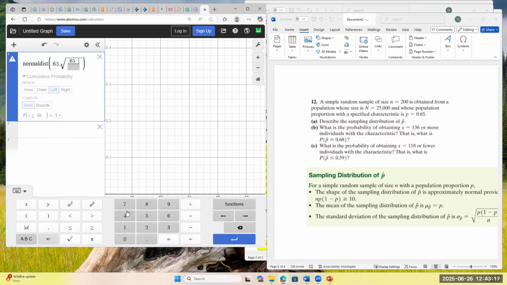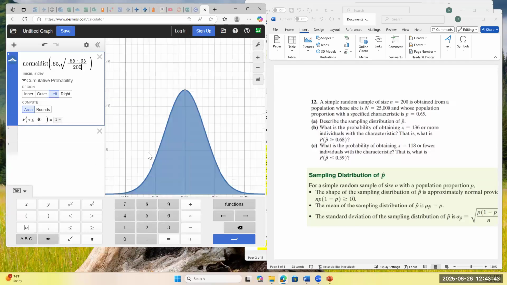So you can either do the math in your head or type in 1 minus 0.65, which is 0.35. And then for all of them, we're using a sample size of 200. So we're going to put 200 here. Okay. And so now we can see the sampling distribution is going to look like this. Here's our mean, 0.65. And then you can see we have a nice normal distribution.